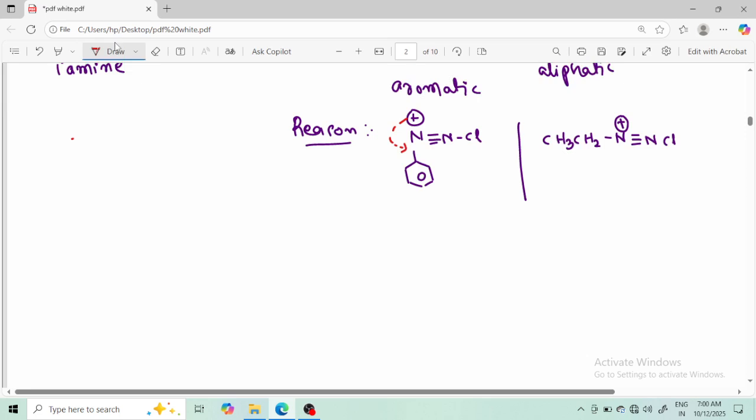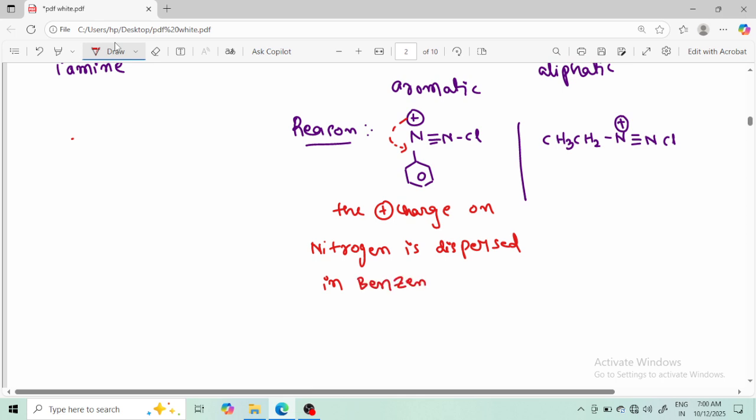So the reason is that the positive charge on the nitrogen atom is dispersed in the benzene ring because of resonance.